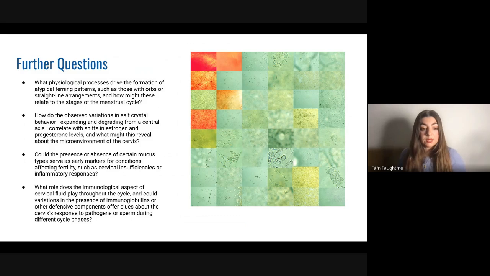And what role does the immunological aspect of cervical fluid play throughout the cycle? And could variations in the presence of immunoglobulins or other defensive components offer clues about the cervix's response to pathogens or response to different kinds of sperm during different cycle phases?